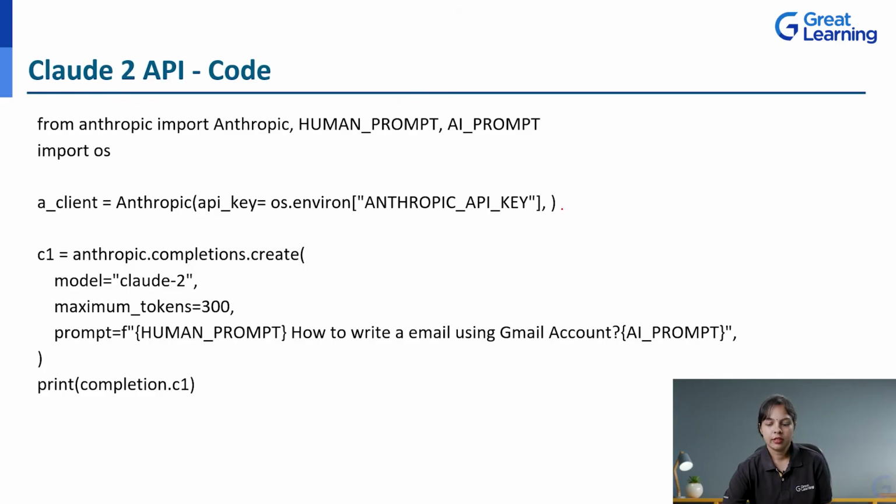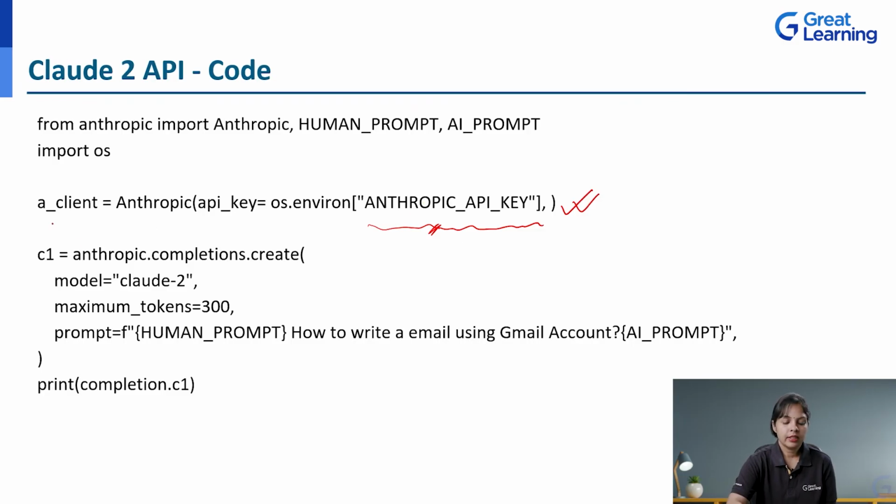Here you can see in this line of code, you have to use the generated API key. I have written ANTHROPIC_API_KEY in double quotes. You don't have to write this here, but you have to write the key which will be generated once you have been given access to the Claude 2 API. Once you have generated the API key by going into the settings, it has to be used over here.